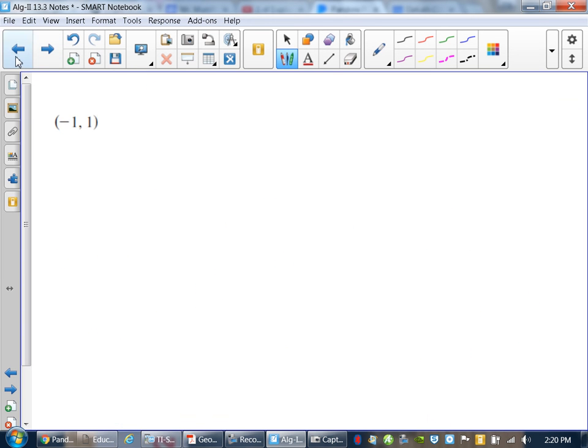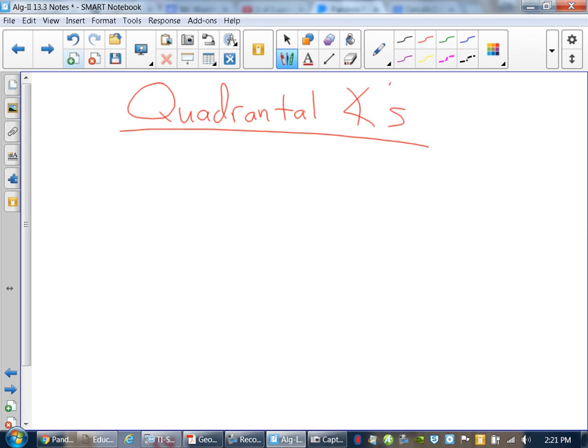Which gets us to something that most people tend to think is really, really difficult, but it really shouldn't be: quadrantal angles.